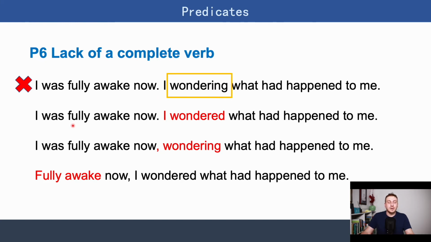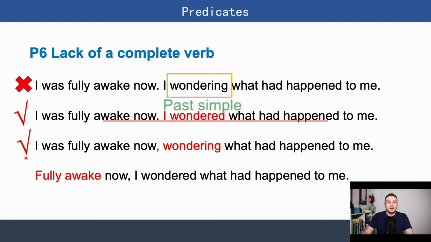Okay, so to fix this, the first solution would be to change the verb into past simple. I was fully awake now, full stop. I wondered what had happened to me, right? So we changed the verb from I wondering to I wondered, because we are talking about something in the past.